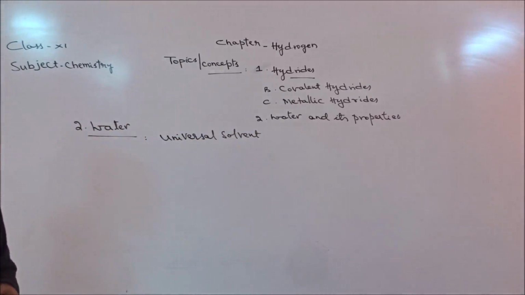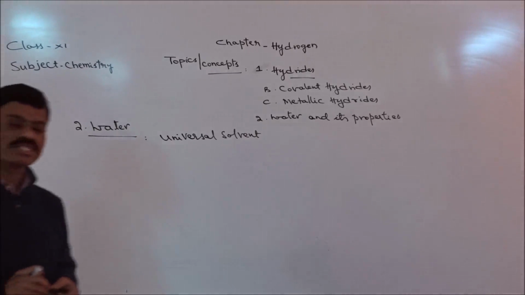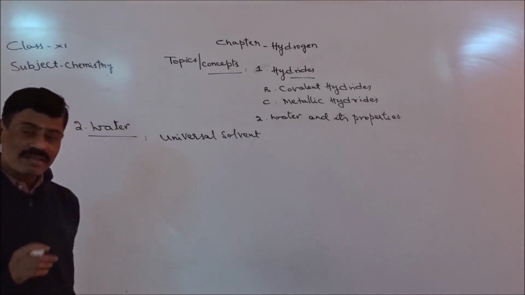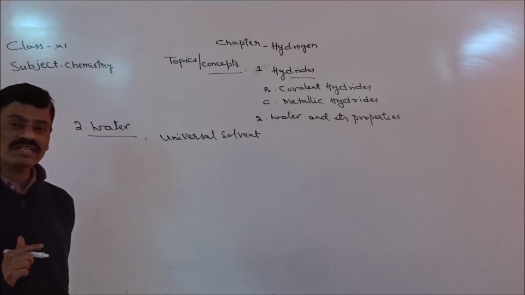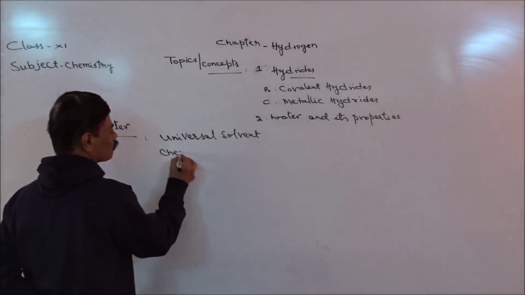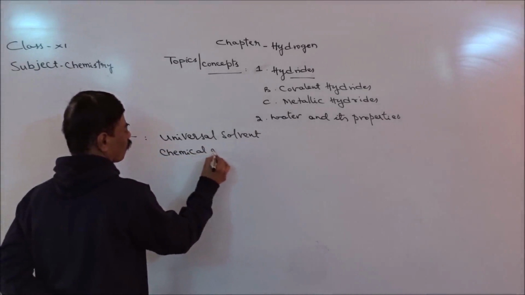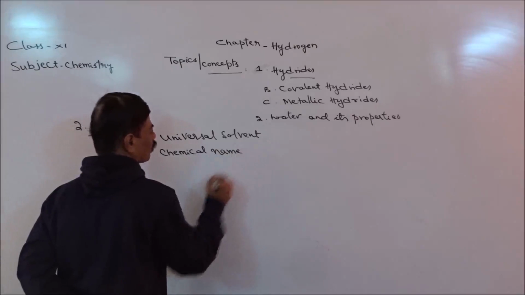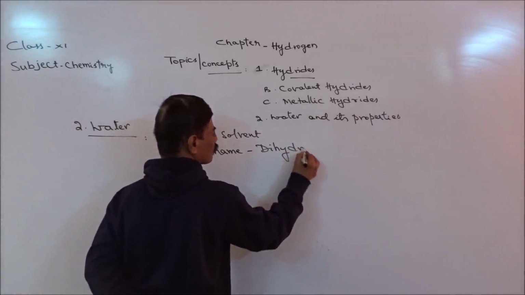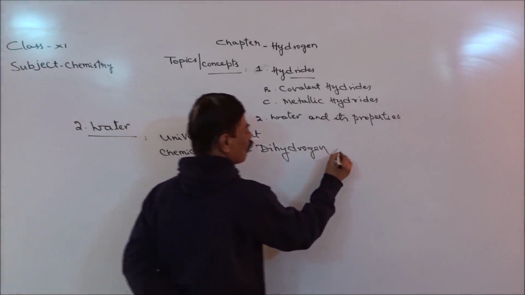Number 2. The chemical formula of water is H2O. So, the chemical name of water is dihydrogen oxide.